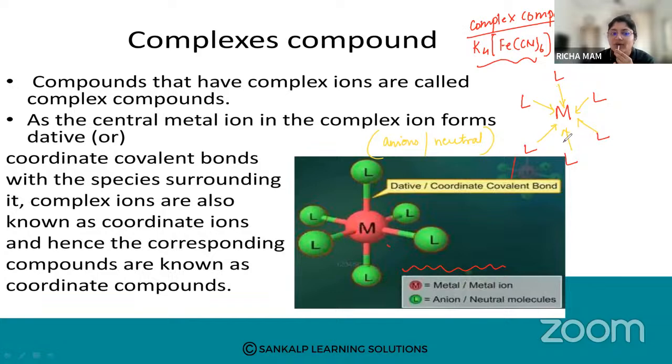Such compounds are called coordinate compounds or complex compounds. Coordinate because it forms a coordinate bond between the ligands and the metal. Is it clear?